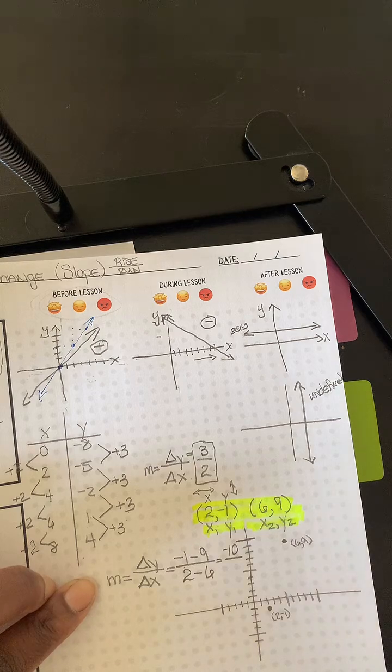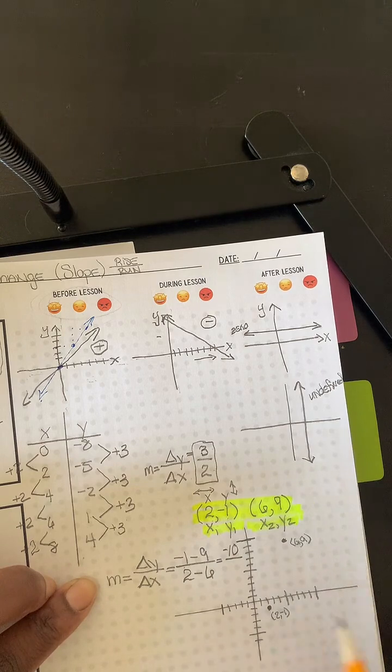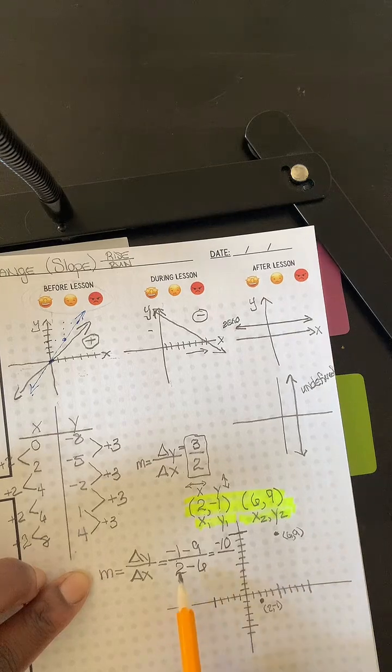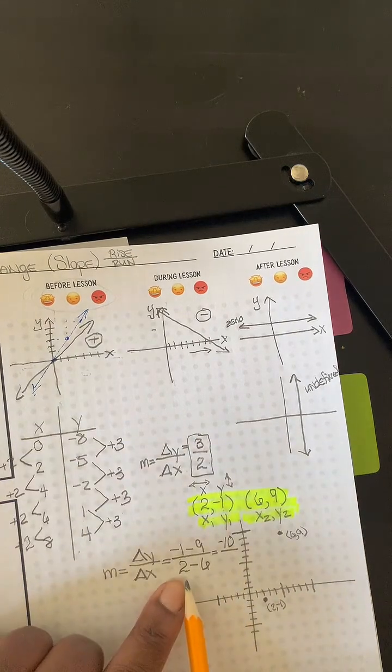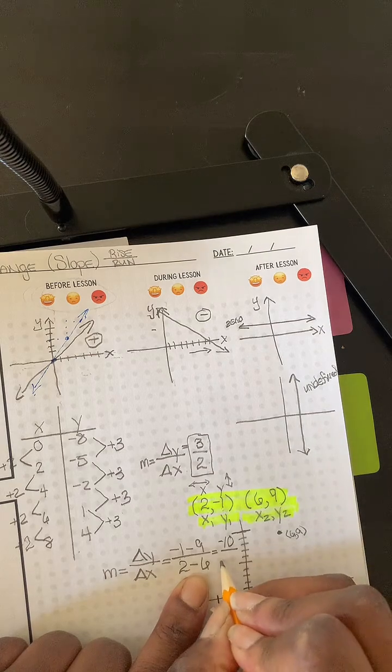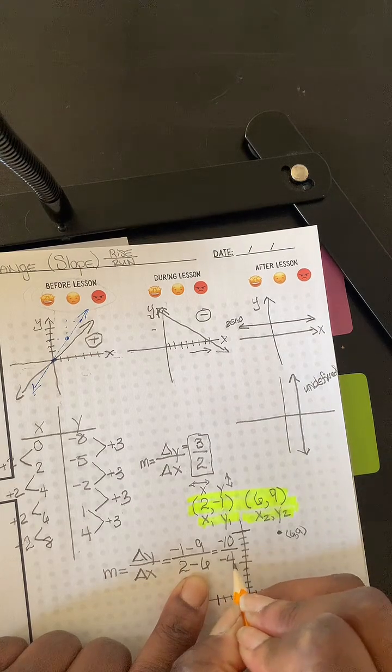That's why I like to think about the negatives. Now we have 2 minus 6. That means I have $2 and I'm trying to spend $6, so I'm overspending. That means I'm short, and I'm short $4.